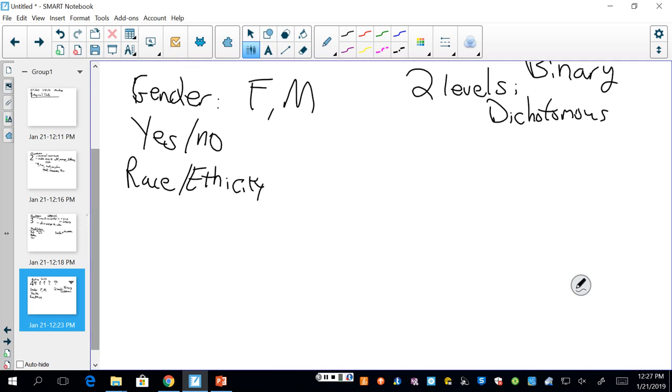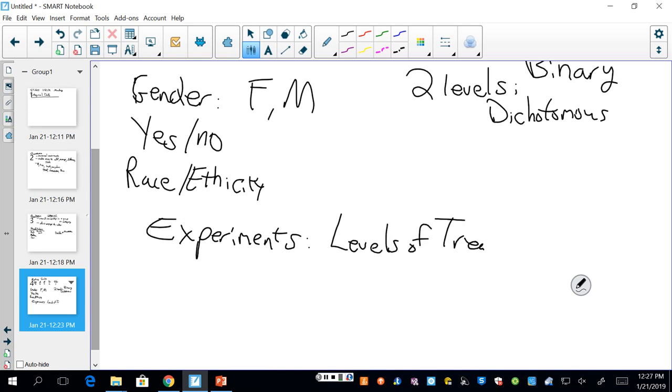If you're doing experiments, the levels of the treatment assigned to somebody, right, could be categorical, right? You could do a high, medium, or low dose, or you can get treatment with a placebo, right?